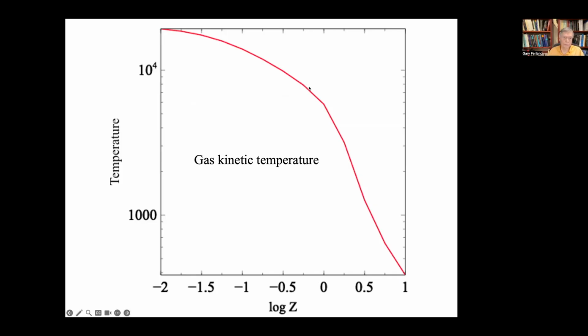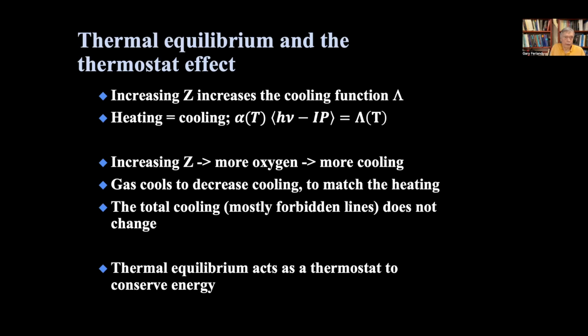That's pretty typical for H II regions in this part of the galaxy. If you keep increasing the metallicity, say 3 or 4 or 5 times solar, the gas temperature is down to room temperature. So the gas kinetic temperature falls inversely with the metallicity increasing; kinetic temperature goes down.